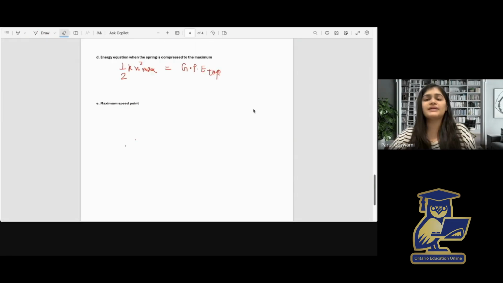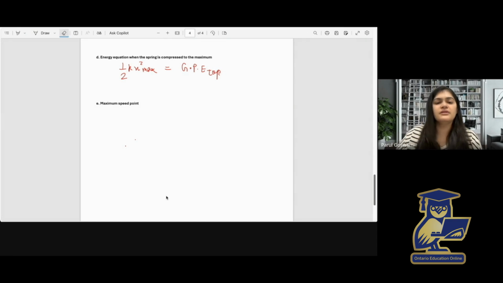Now let's solve part E, which is the point of maximum speed. So the point of maximum speed is the point at which the spring is at its equilibrium position. At this point, all of the elastic potential energy has been converted to gravitational potential energy and kinetic energy. So we can simply write that elastic potential energy is the combination of Ek and Eg.